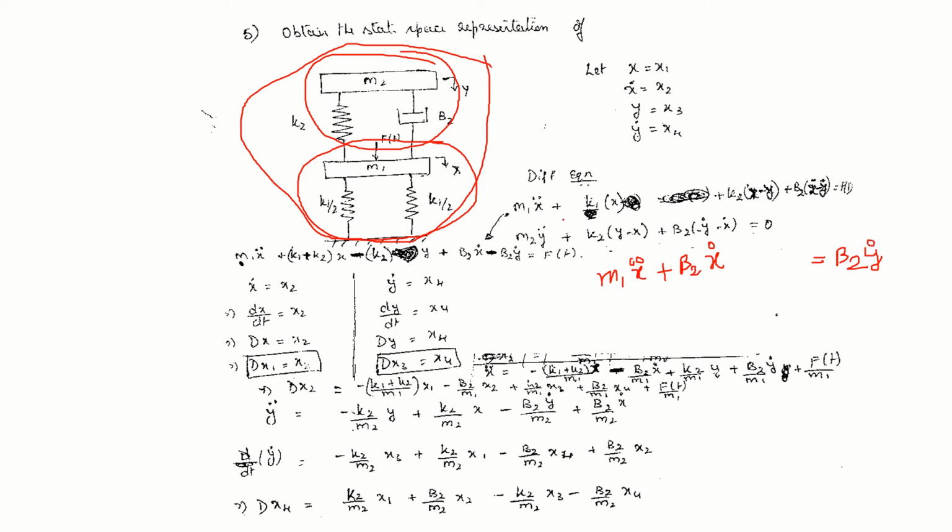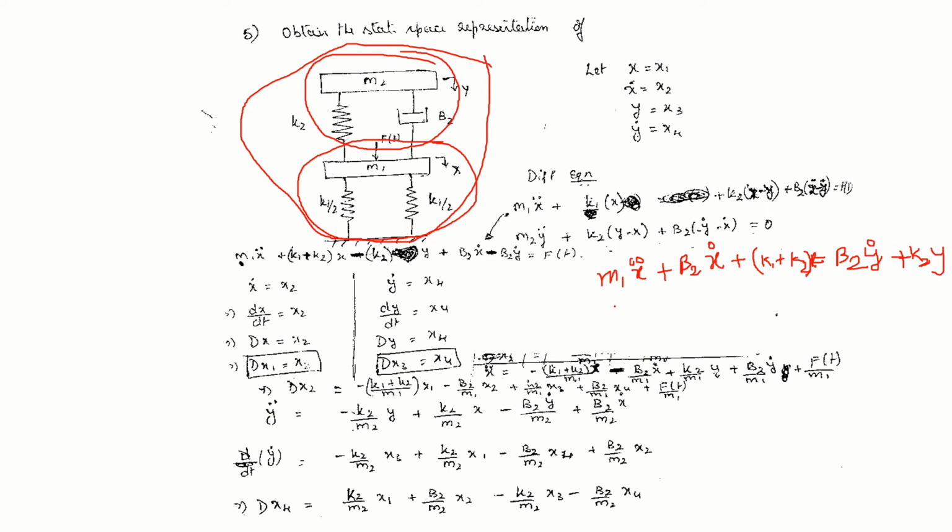Then here k1 and k1 by 2, k1 by 2 means it will become k1 x, k1 plus k2 x you get. Along with that, you will get k2 y. This is one equation you get.